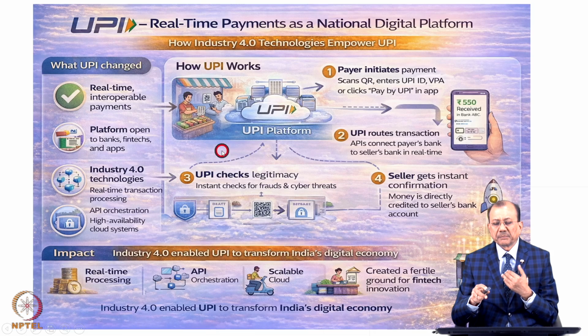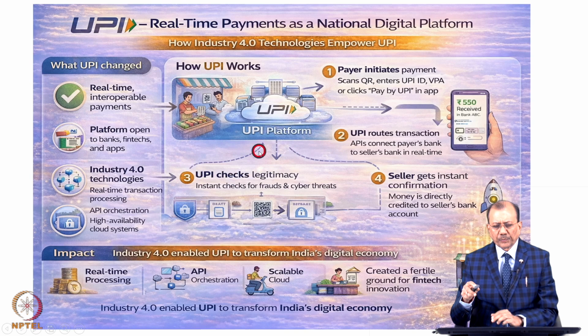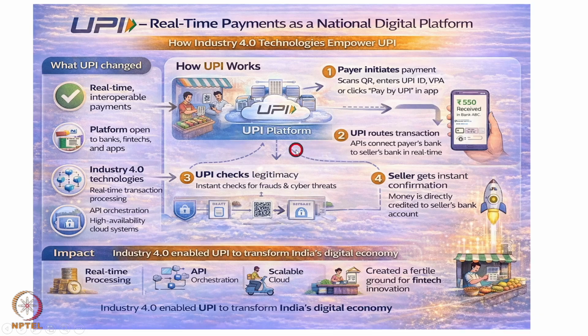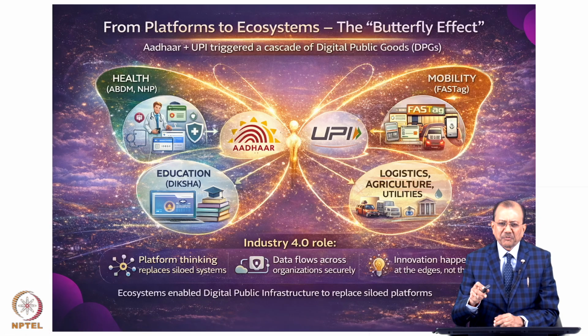You can transfer money person to person, and you can transfer money to persons' accounts, as well as thousands of services are using UPI today as a payment gateway system. So this is also one of the biggest examples in our country of the success of Industry 4.0 in public services.